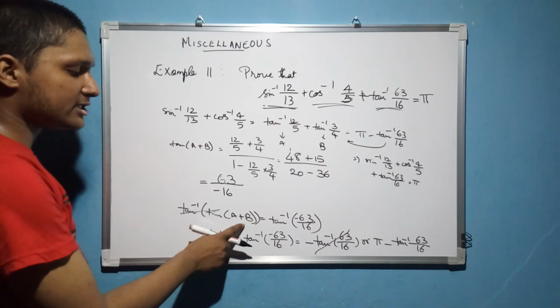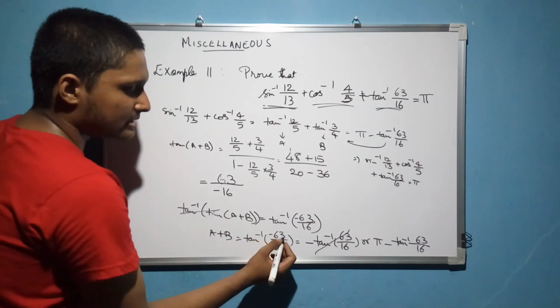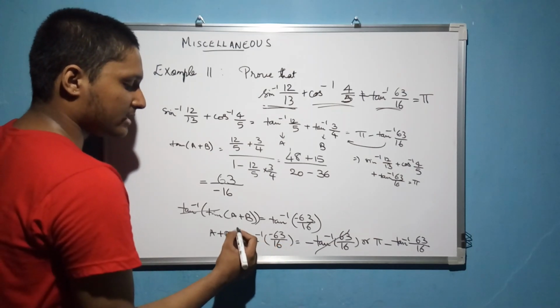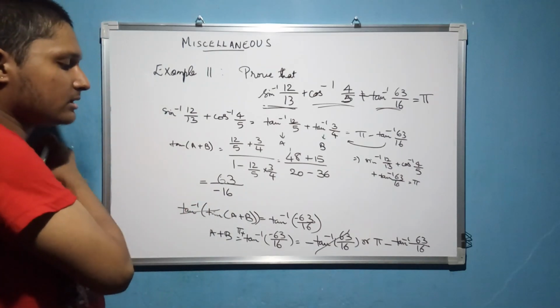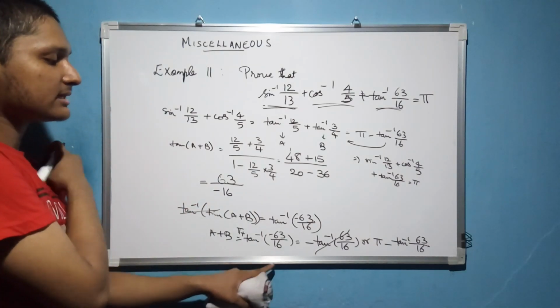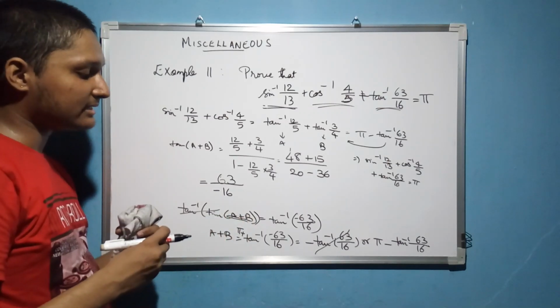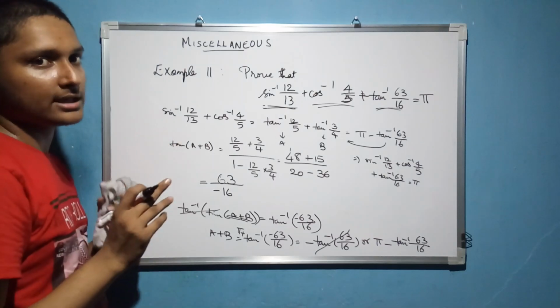So directly maybe it is not like this. So tan inverse of minus 63 by 16 comes to pi plus tan inverse 63 by 16, because the sum of these two is always going to be positive, it cannot be negative.